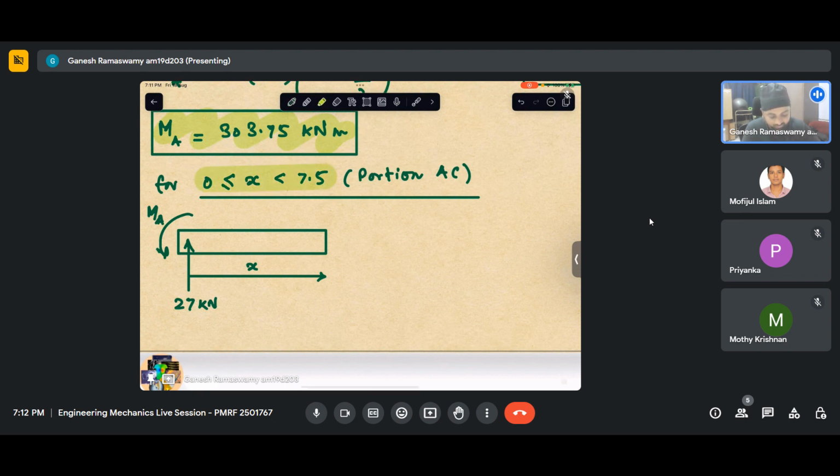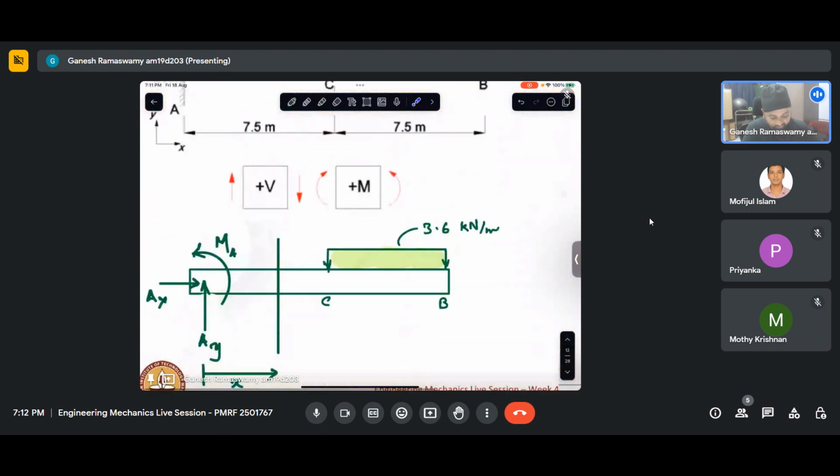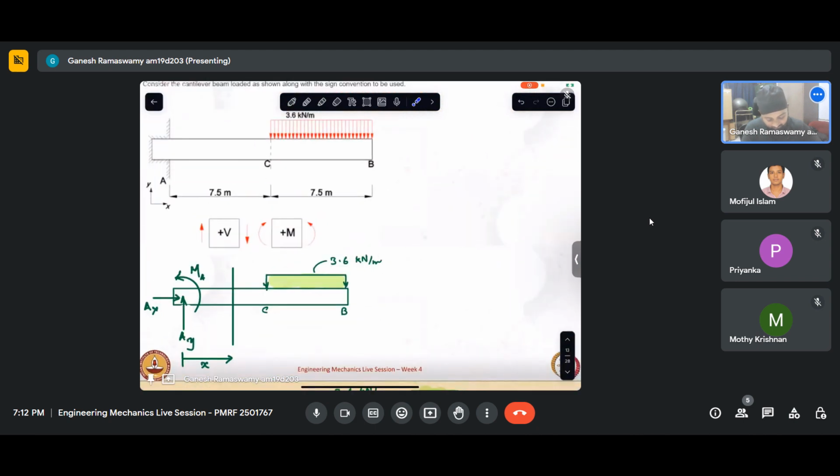I know this is a positive surface, and I have the sign convention given here. I know this is a positive surface because this is given. So when I take a section like that, I have the positive normal in that direction. So this is my sign convention.